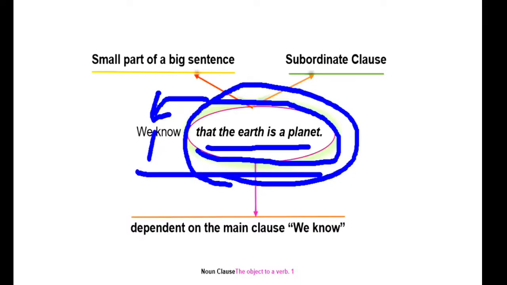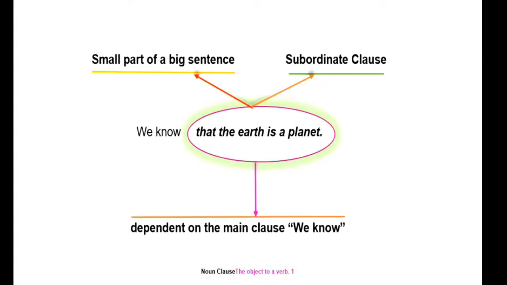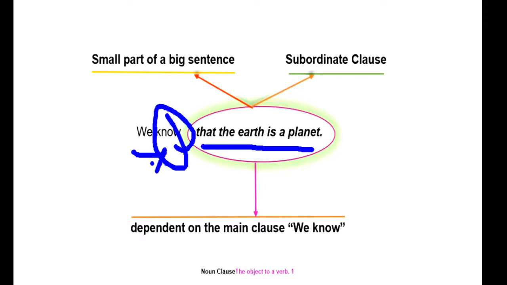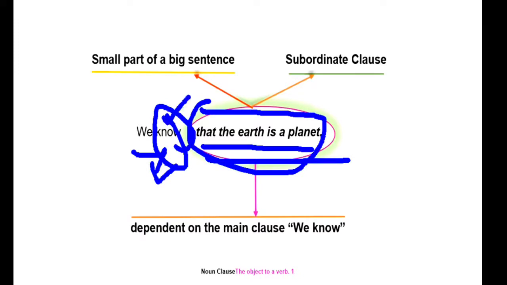And if we examine more, we can understand that we know that the earth is a planet. What do we know? If we ask this question to the verb, then we get the answer that the earth is a planet. So when we ask a question to the verb and get an answer, we can call it an object. So this is an object of the verb know.